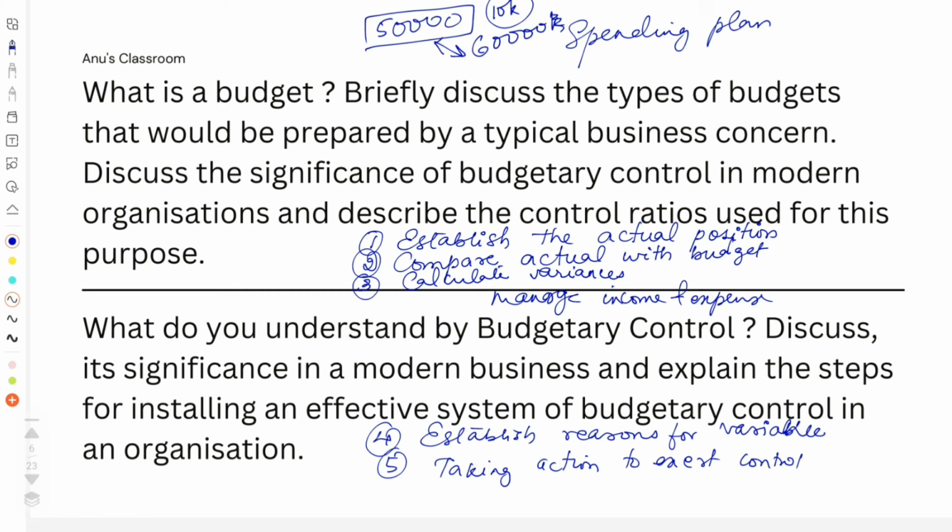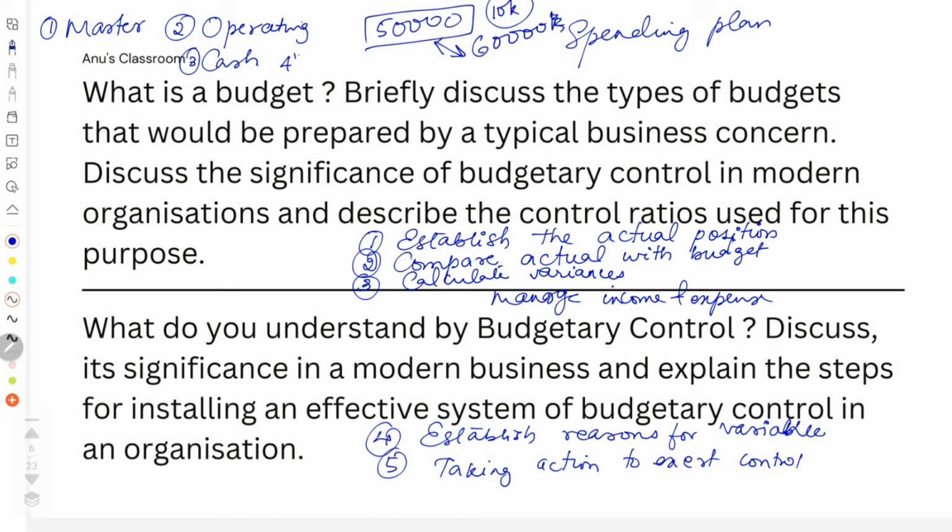Okay, yeah, so what else was there? Yeah, the different types of budgets was asked. Now a few of the different types of budgets include master budget, operating budget, then we have cash budget.